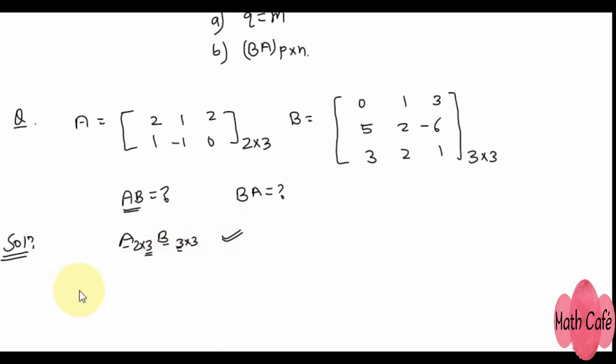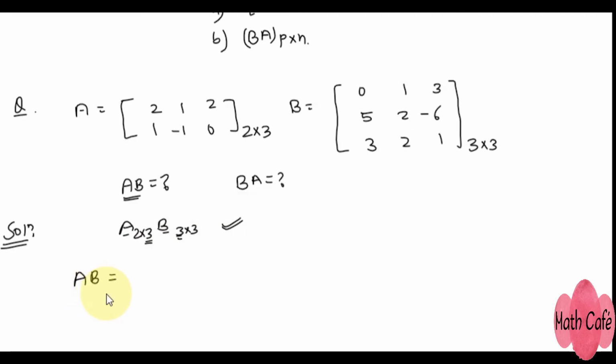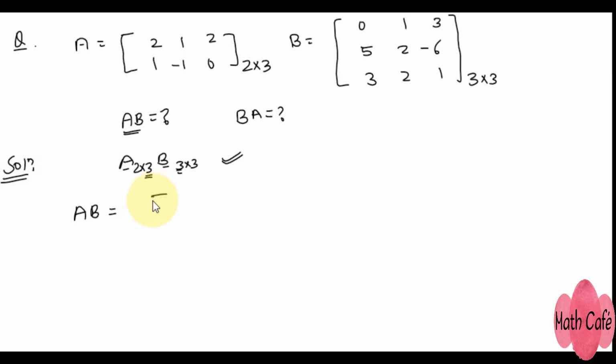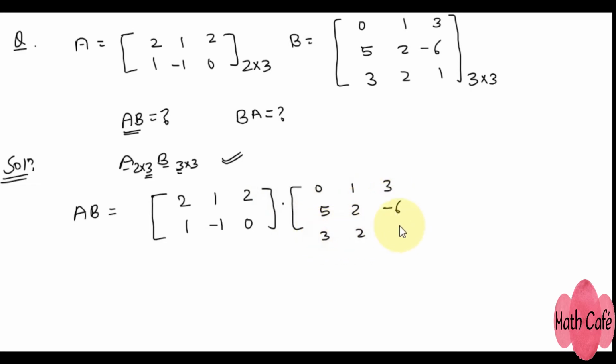So let's proceed. We'll multiply matrix A by matrix B. A is 2 1 2 and 1 minus 1 0, and matrix B is 0 1 3, 5 2 minus 6 and 3 2 1.